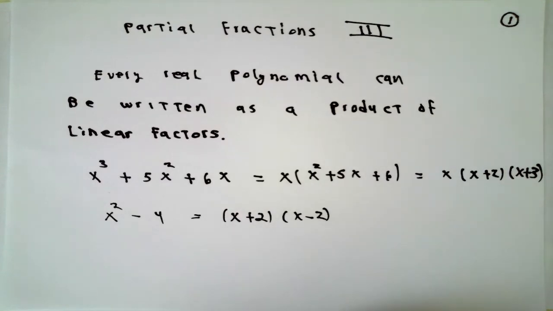I can write x squared minus 4 as x plus 2 times x minus 2. So I can write x squared minus 4 as the product of linear factors.